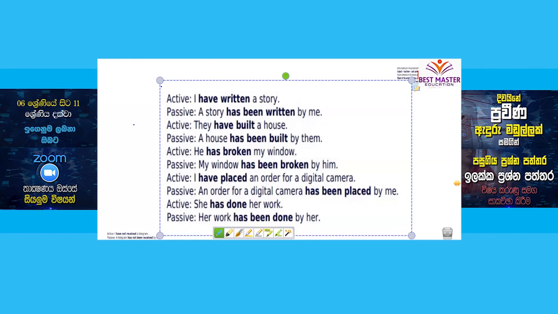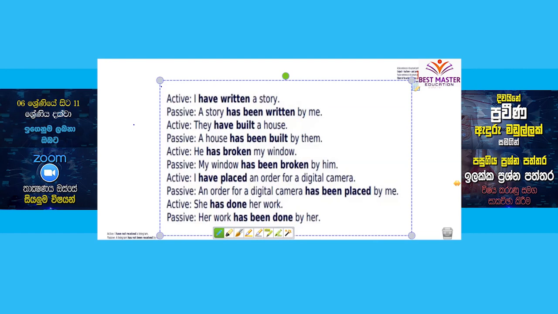I have. In the verb forms, you know what's the meaning of a past participle verb. Past participle in Sinhala.